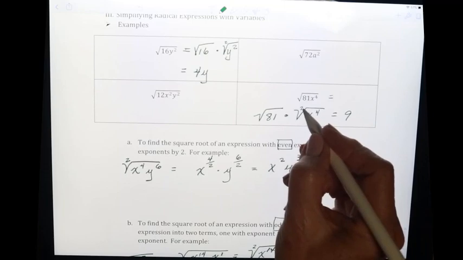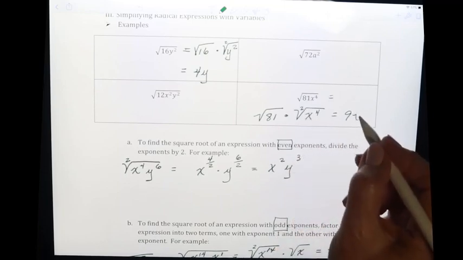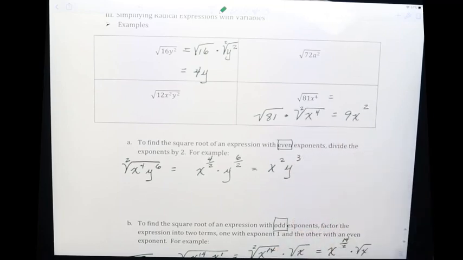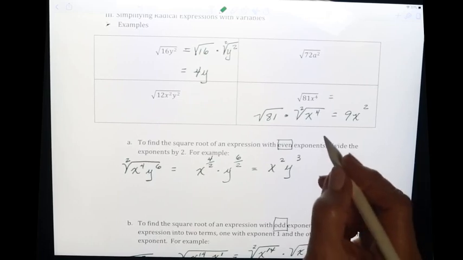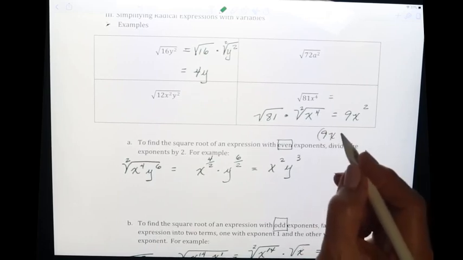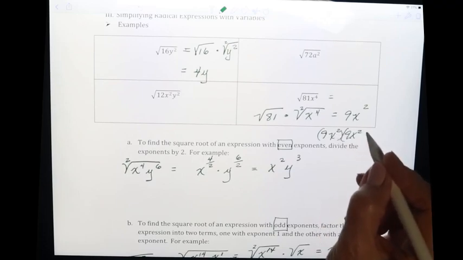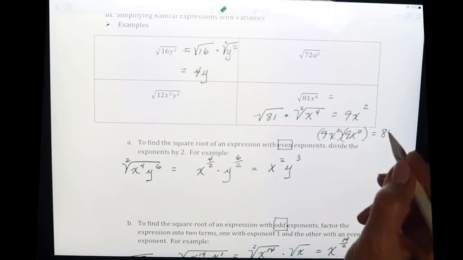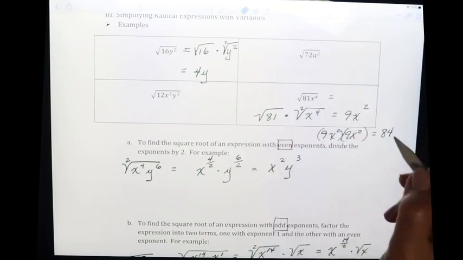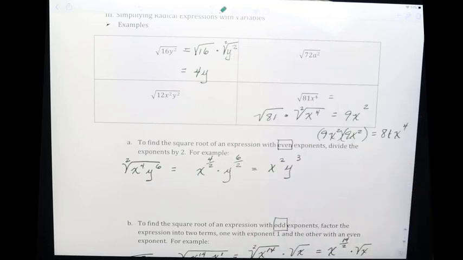And then I'm taking this index 2 and dividing into that 4 and getting 9x squared. And I hope you remember when we originally started this, the reason that's true is if you take 9x squared and multiply it by itself, it brings you back to this 81x to the 4th, which is what you should always be able to do with these, is get back to that original radicand.